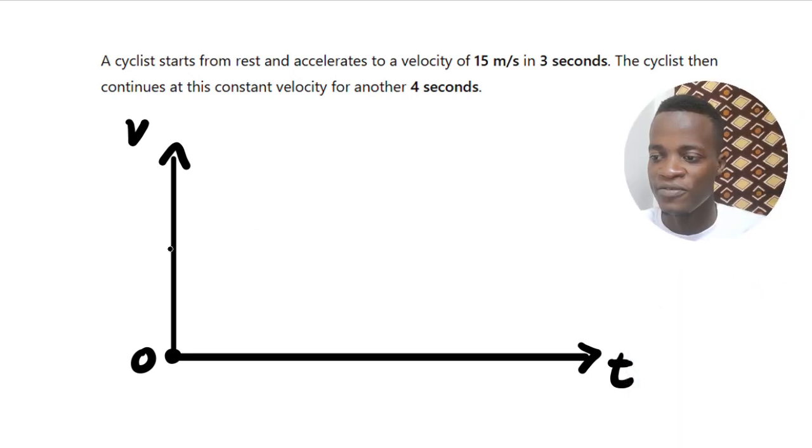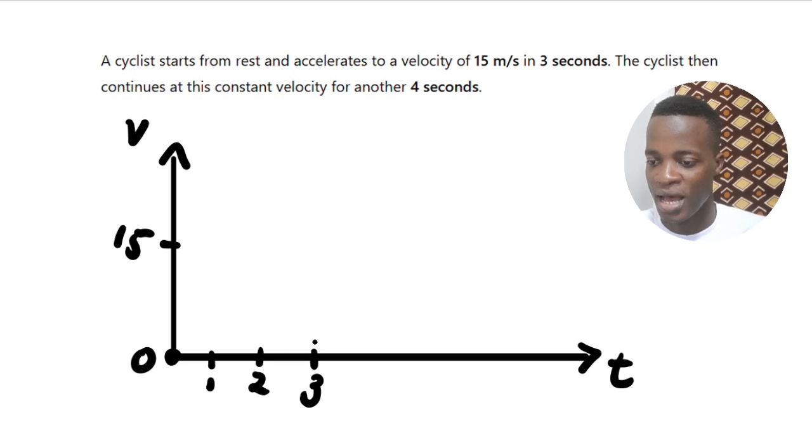But in how many seconds? In 3 seconds. So starting from rest, the acceleration happened in 3 seconds, so 2, 3, right? At 3 seconds, we are at 15. So we are accelerating from rest to here.